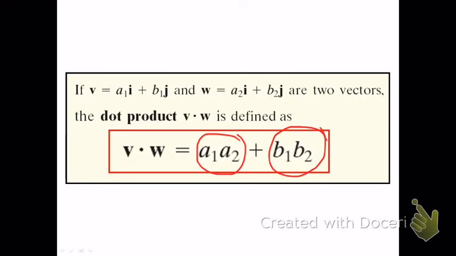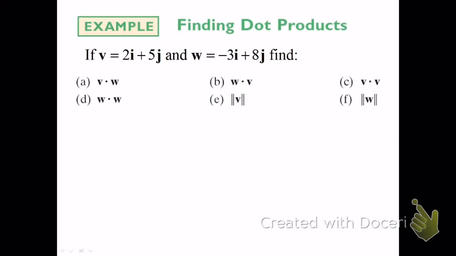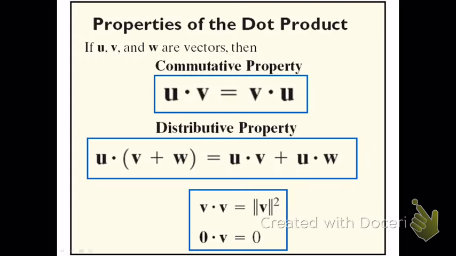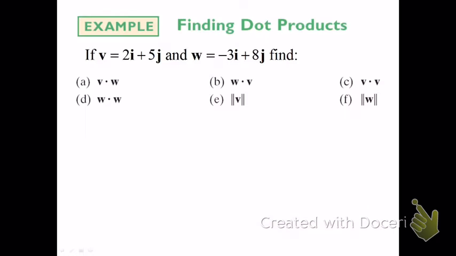So let's look at some examples of finding dot products. We have these two vectors v and w. Let's take a look at example A here. What is the dot product of v and w? Okay, so we have v dot w. We're going to multiply the horizontal components of the two.